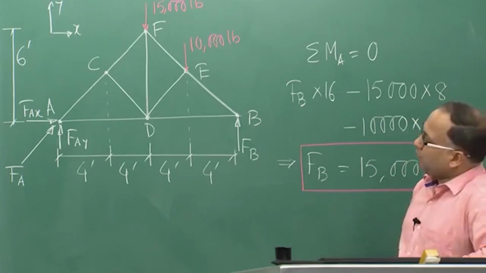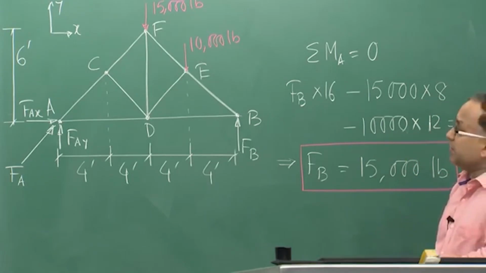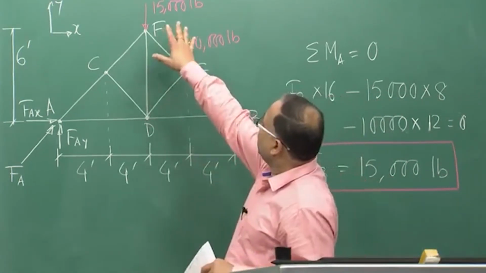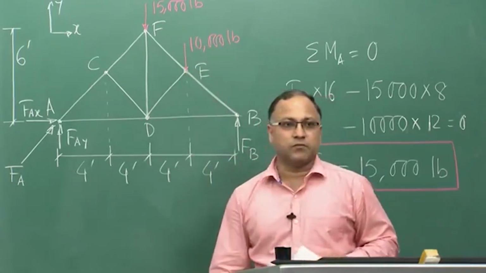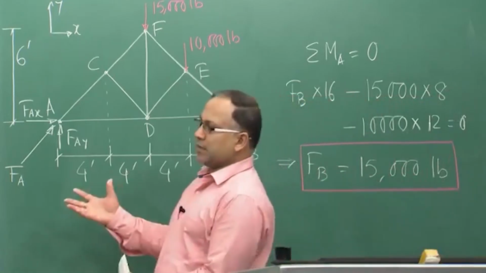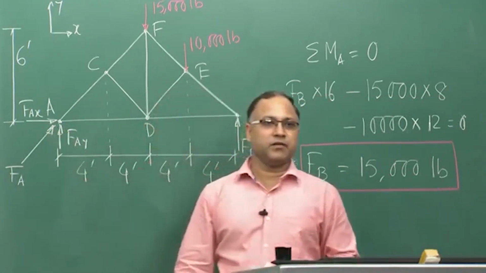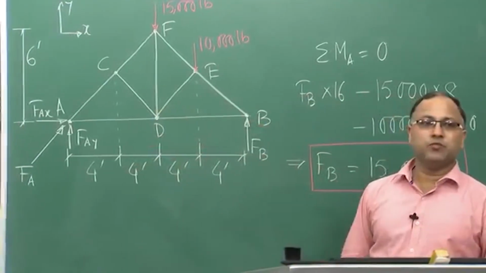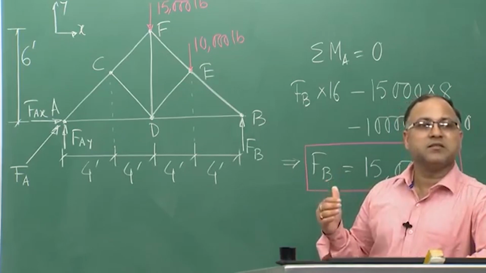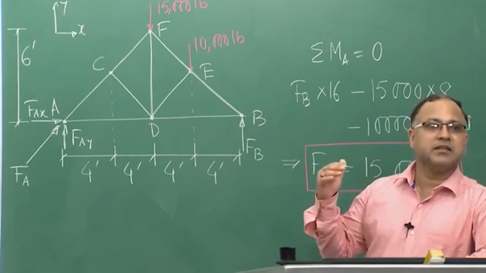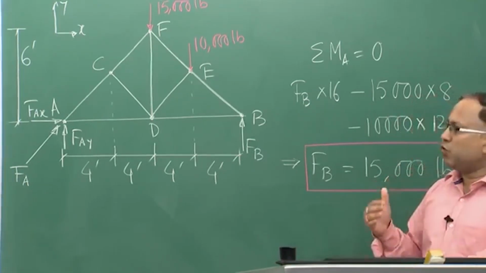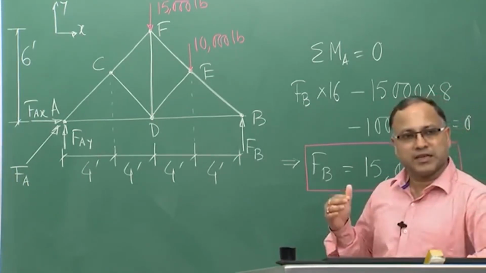Okay. Then after that, what you can conceive here, you can see there, all the externally applied forces are vertical. Therefore, the horizontal reaction here, Fax, is simply coming 0, because there are no horizontal forces acting in the x direction.